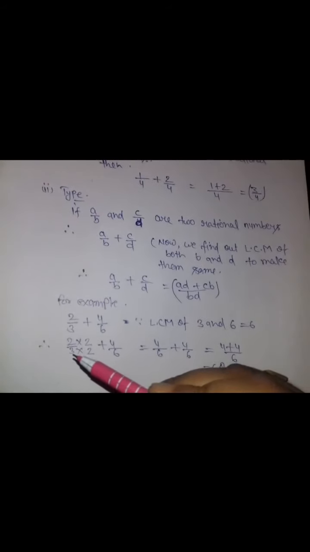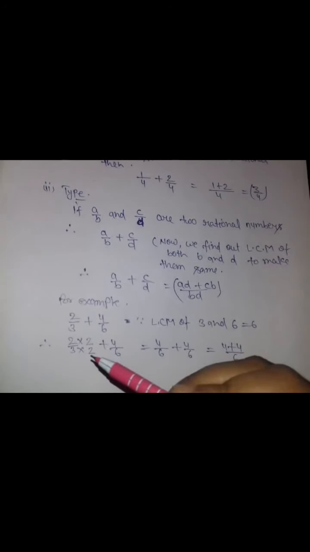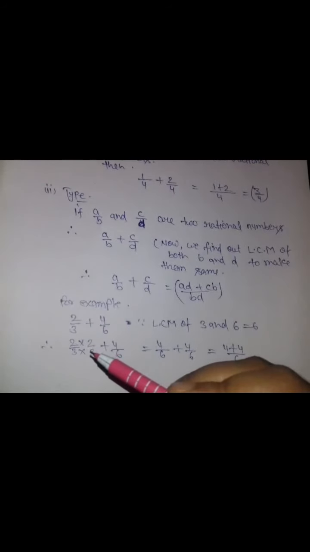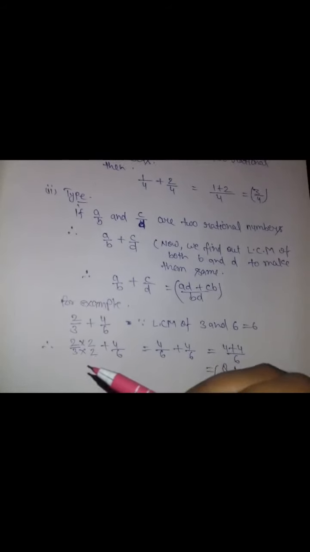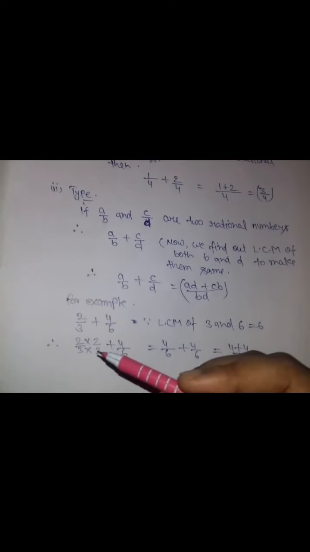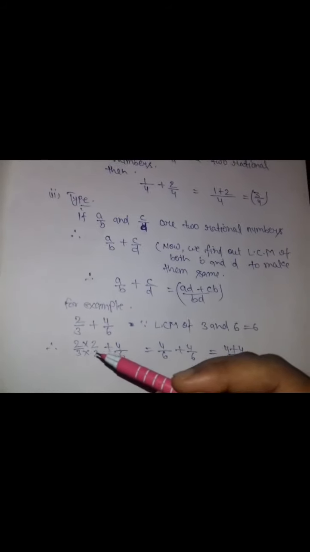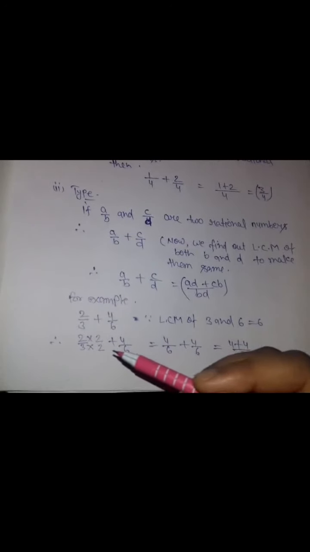To make 3 into 6, we have to multiply by 2, and if we multiply the numerator or the denominator by any number, we have to multiply both. So 2 will be multiplied with 2 by 3.